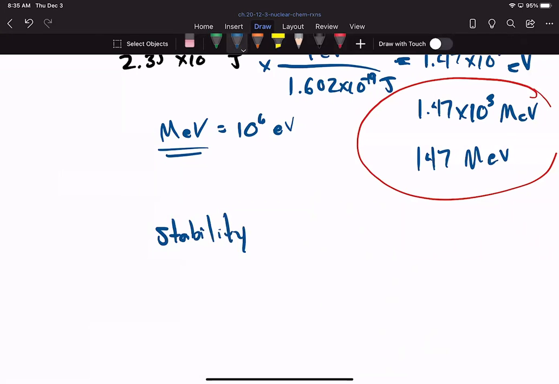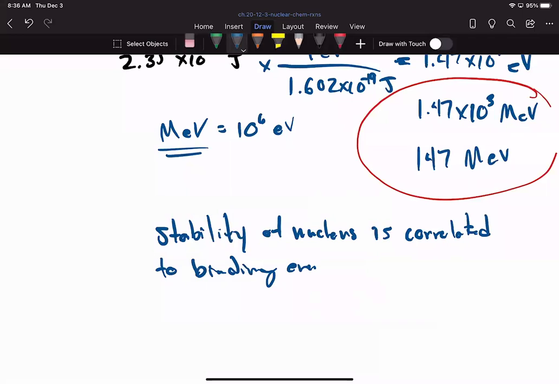And as far as the stability of the nucleus, the stability of the nucleus is correlated to what we just calculated, binding energy per what we're going to call nucleon, per nucleon.